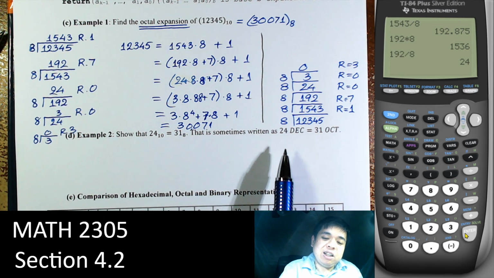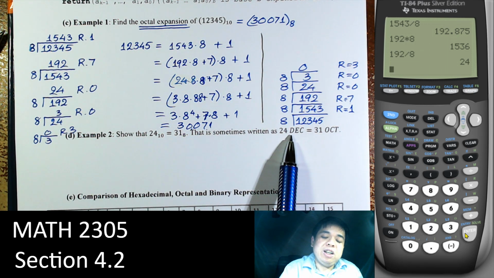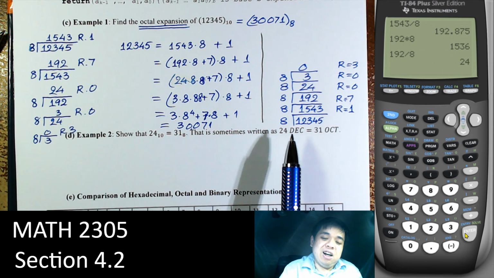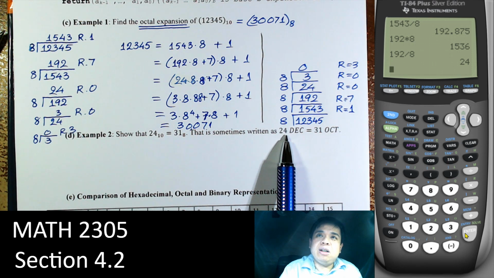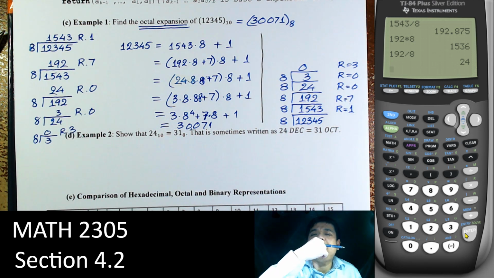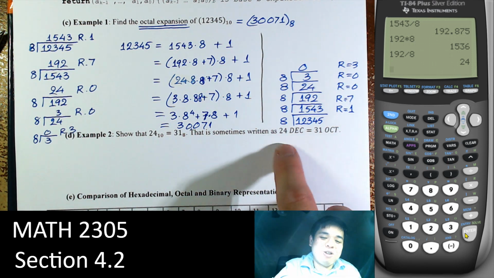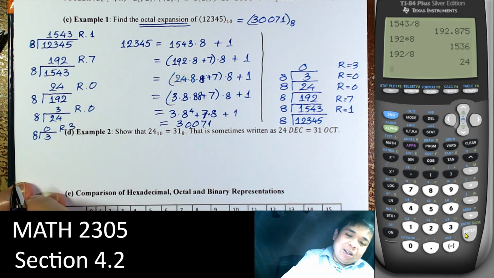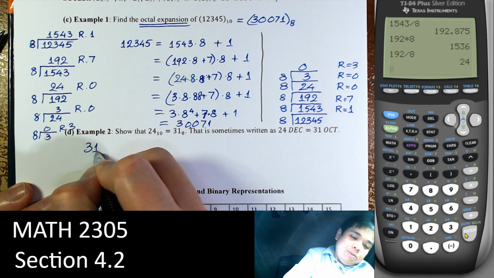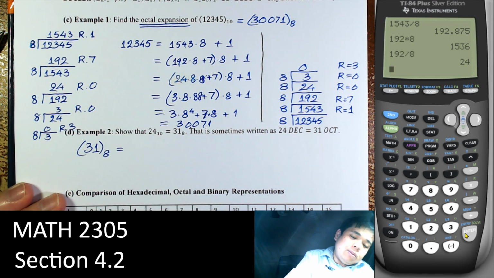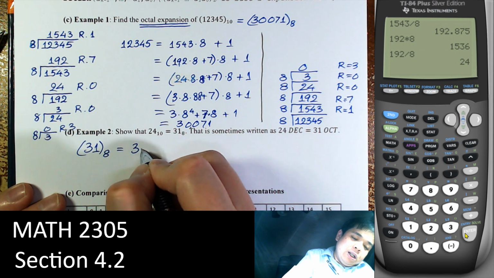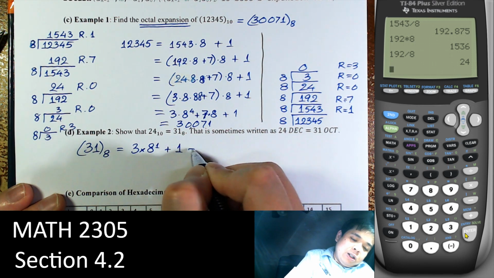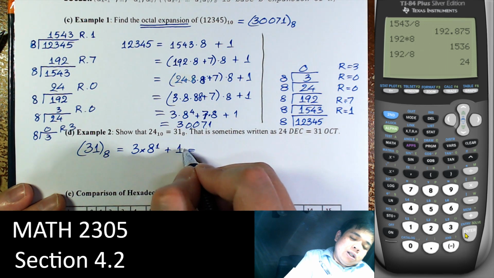Now this is the funny thing. 24 base 10 is equal to 31 base 8. So this is like Christmas Eve, wait, that's 24, 25. Okay, I need to verify that. It could be 25, I might have forgotten. But 31 octal, base 8, is equal to 3 times 8 to the first plus 1 times 8 to the 0.